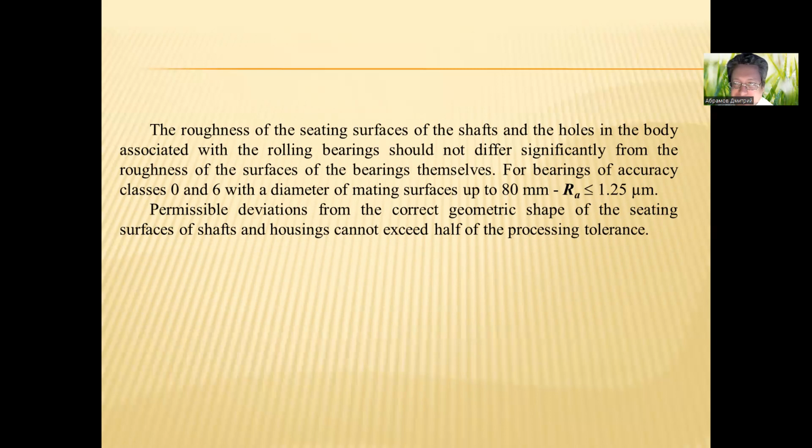For bearings of accuracy classes 0 and 6 with a diameter of mating surfaces up to 80 millimeters, the roughness parameter Ra is less than 1.25 micrometers. Permissible deviations from the correct geometric shape of the seating surfaces of shafts and housing cannot exceed half of the processing tolerance.